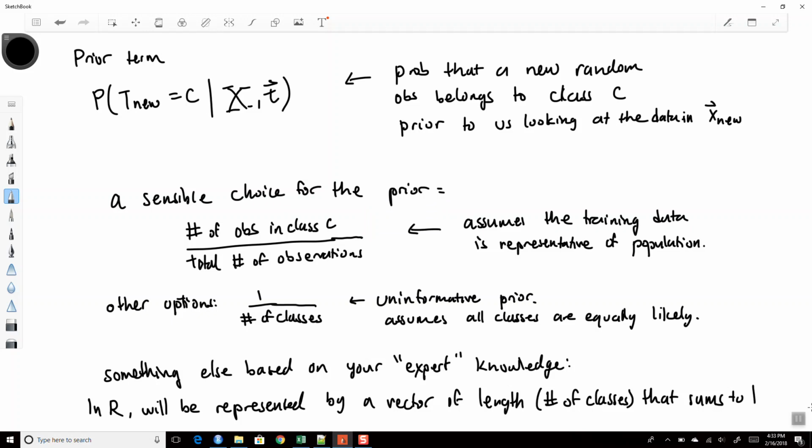And then, let's talk about the likelihood term, or we might call this the class conditional term. Class conditional.